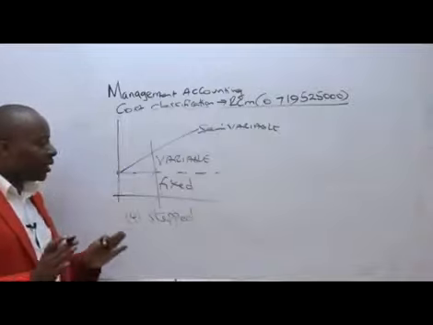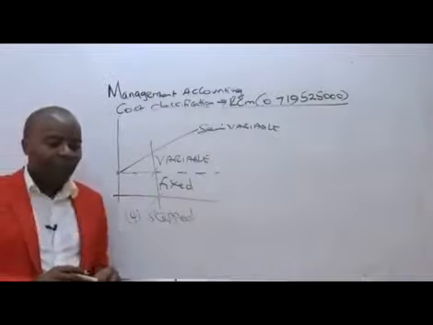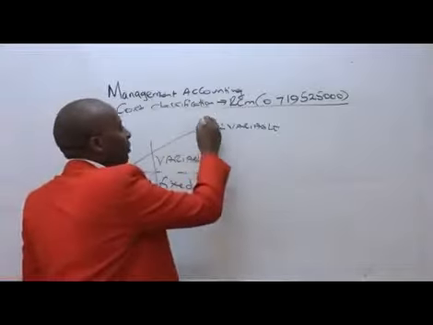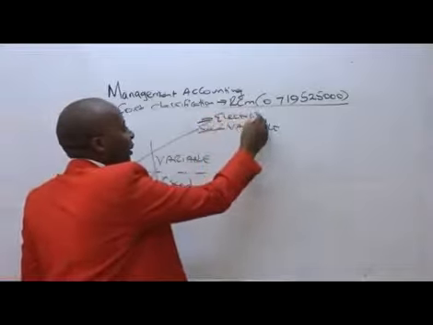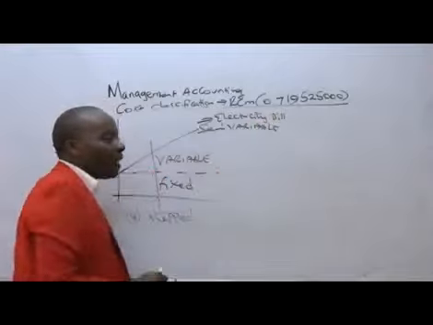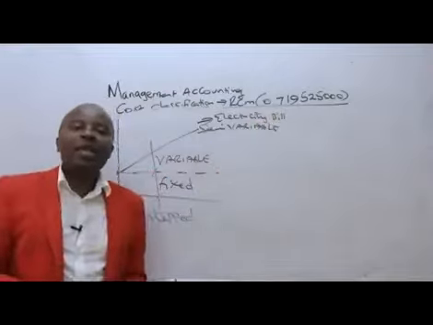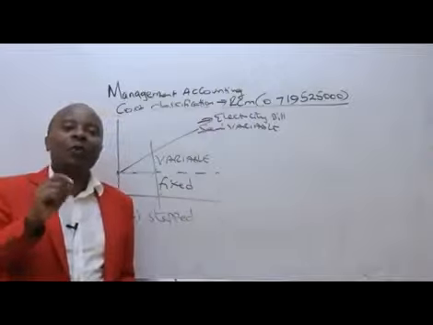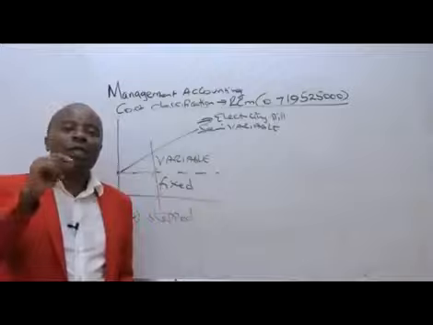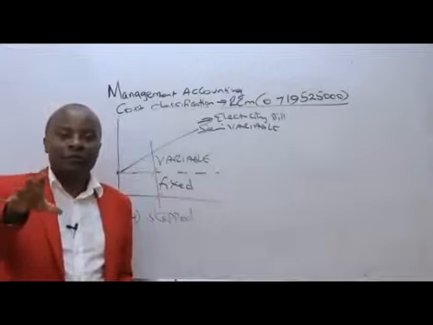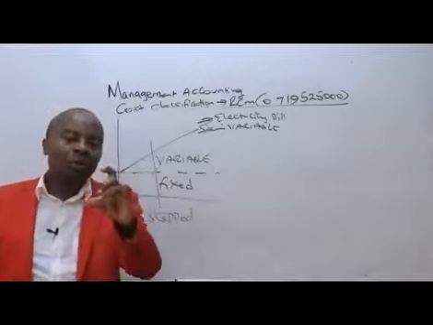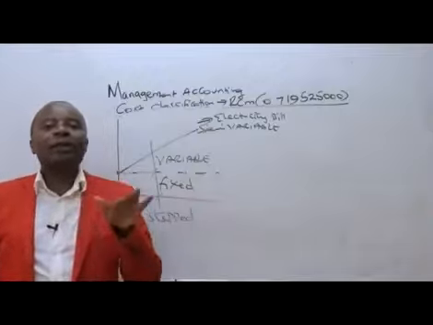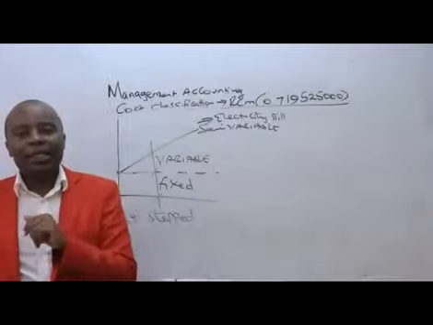Now listen, ladies and gentlemen. If you have, for example, an electricity bill, trust you me that there is a component of your bill that does not depend on the number of units that you consume. There are those Kenya shillings, or whatever currency you're using, which will be put onto your bill depending on periodicity, monthly, like Kenya shillings 120.